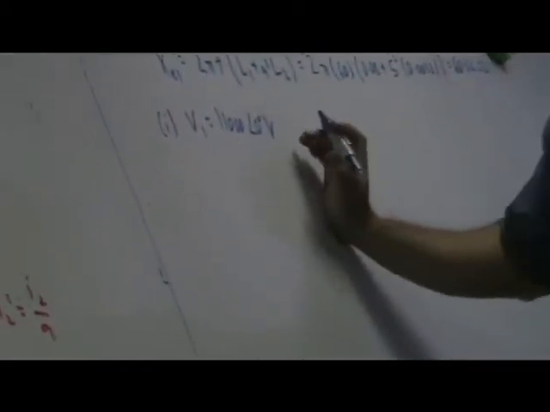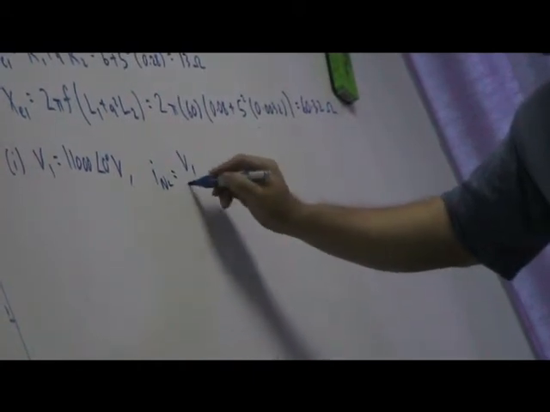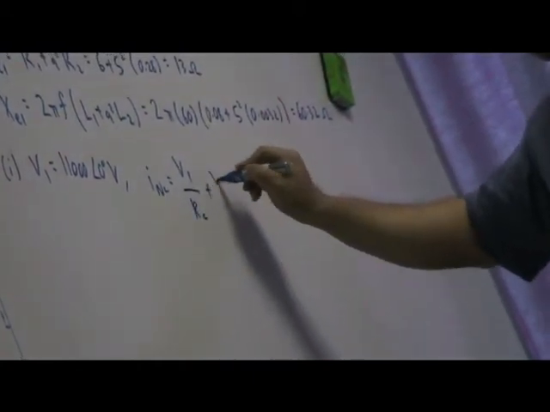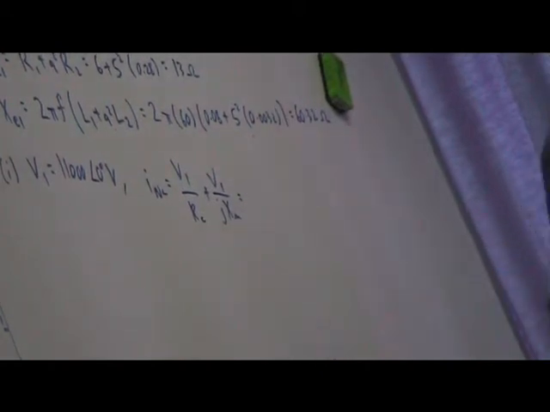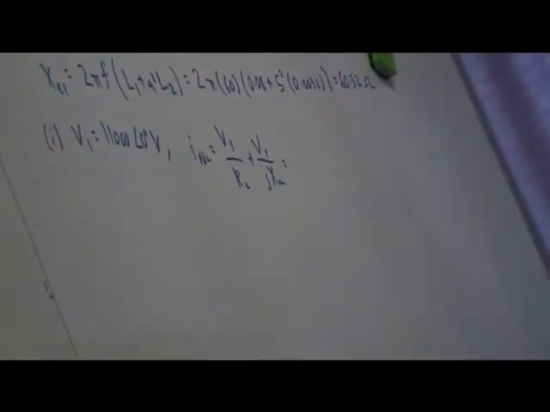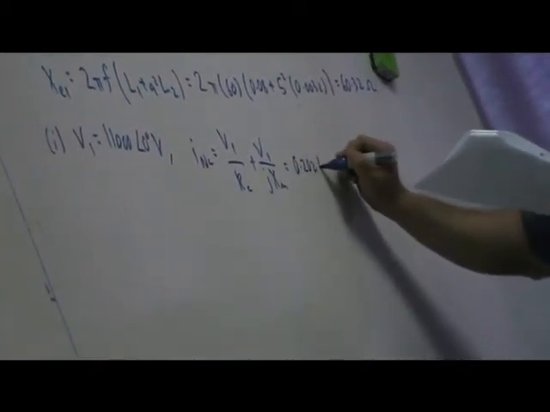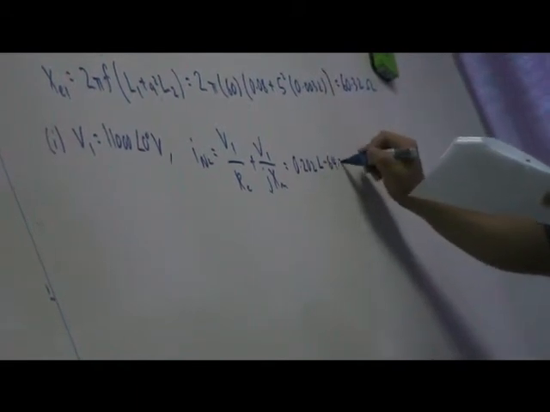If we take V1 to be this, then INL will be V1 over RC plus V1 over jXM.